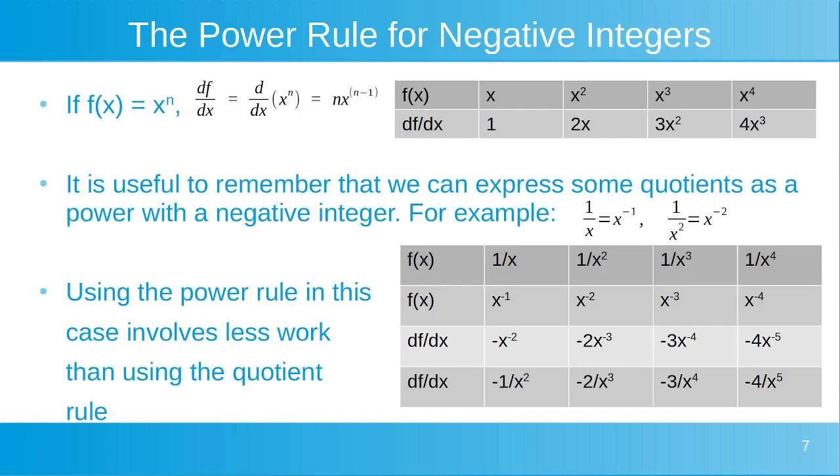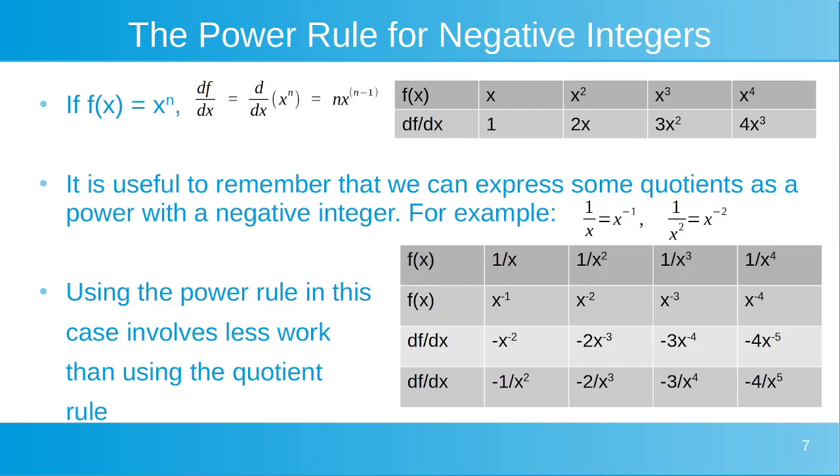If we look at the table at the bottom of the screen, in the first row of that table, we've got different values of f of x. We've got f of x is equal to 1 divided by x, f of x is equal to 1 divided by x squared, and so on.